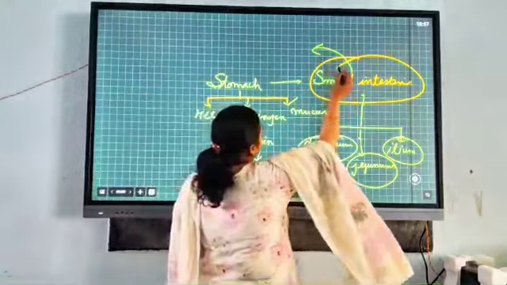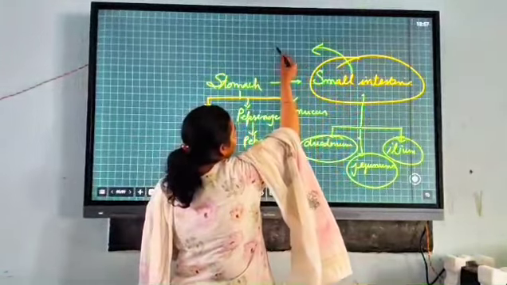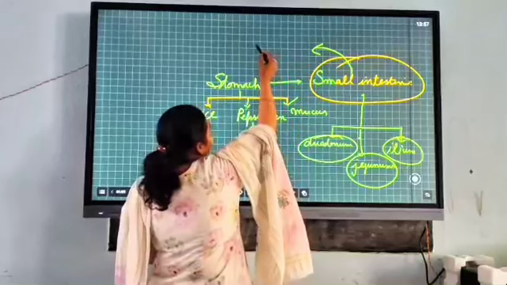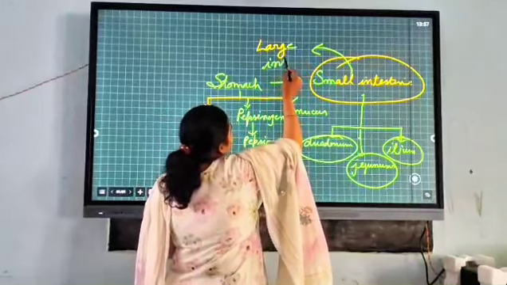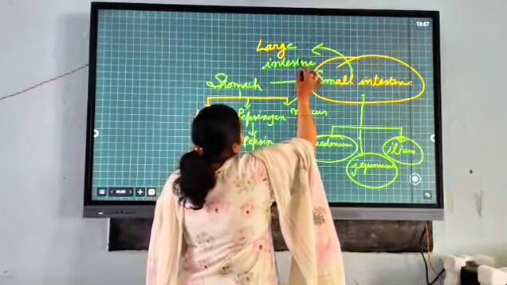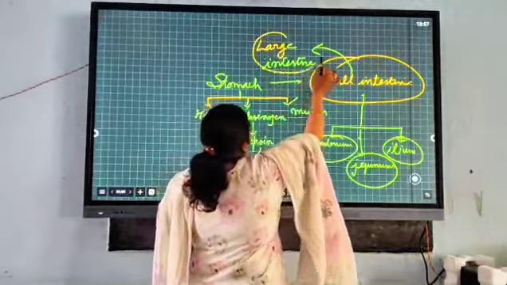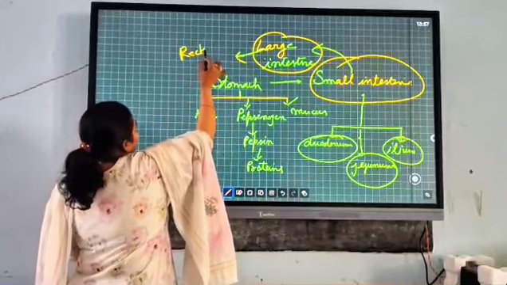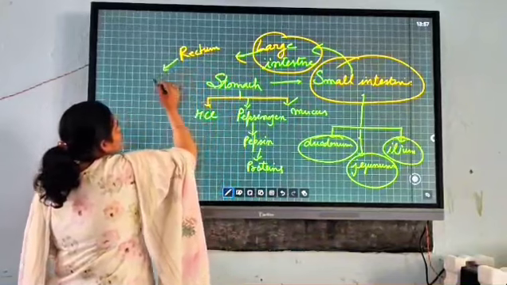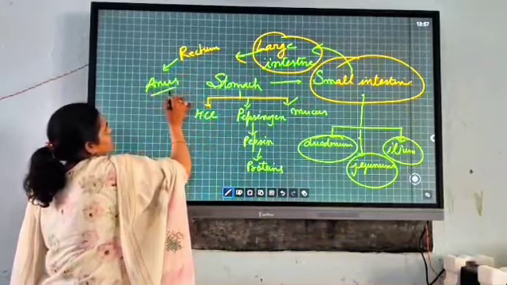So from the small intestine, food enters into the large intestine, and from the large intestine to the rectum, and from the rectum to the anus.